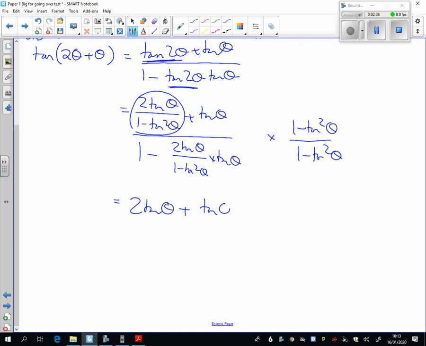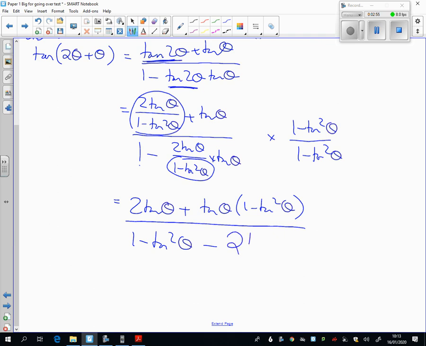And then I've got a tan theta times by 1 minus tan squared theta. So the top's all on 1 now. On the bottom, I've got a 1 times that, which is 1 minus tan squared theta. And on the bottom, this bit here is going to cancel out, so I'm just left with 2 tan squared theta on the bottom there.